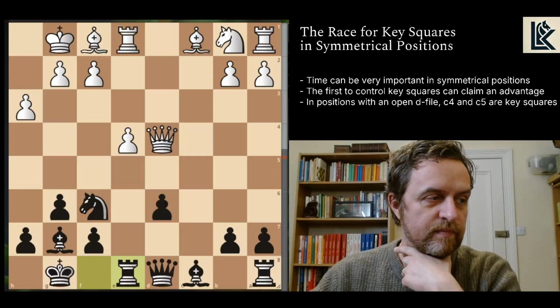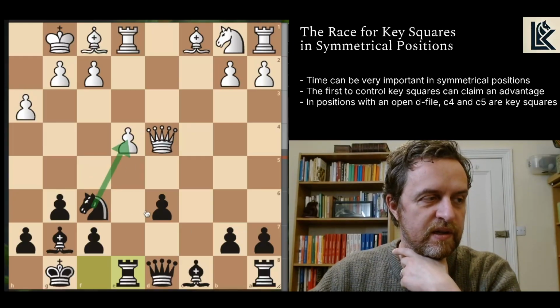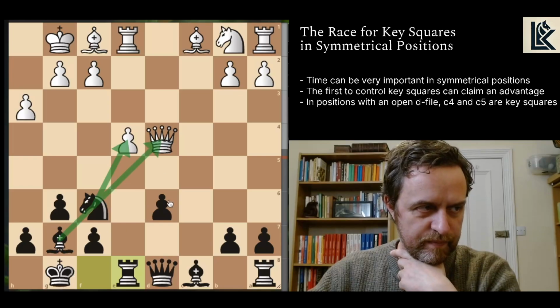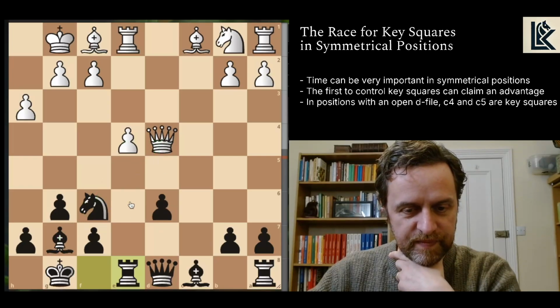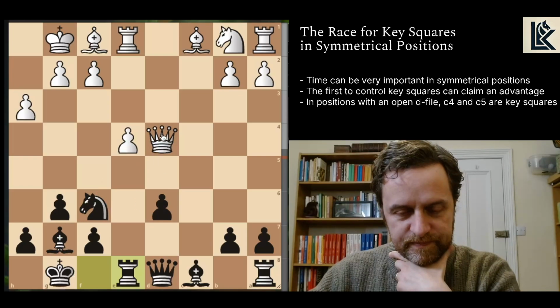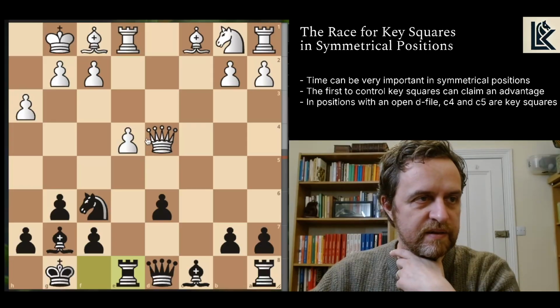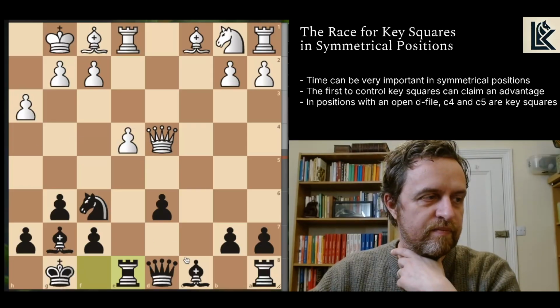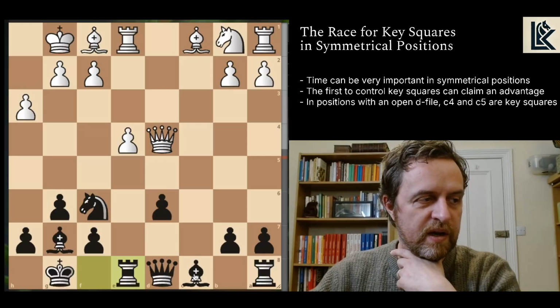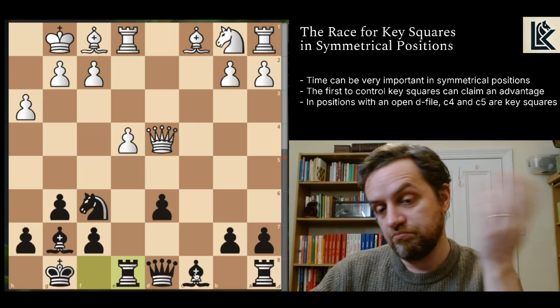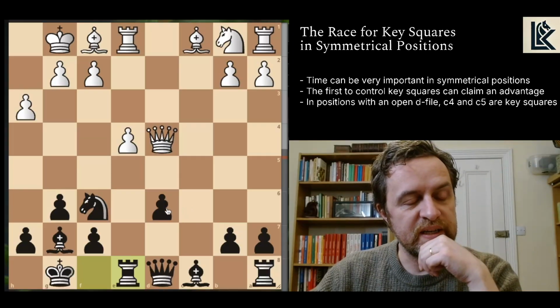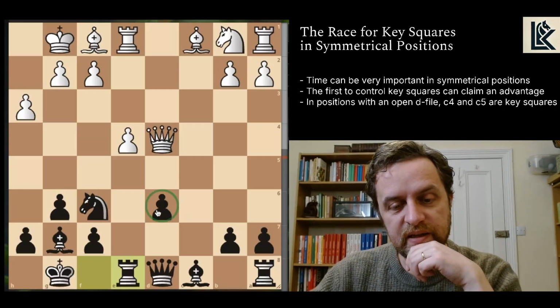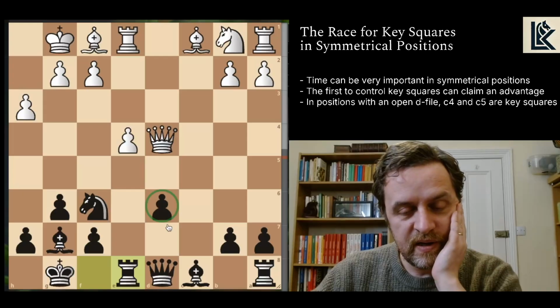So I have a concrete threat to take on e4 with the discovered attack on the queen. So White has to deal with that threat. And in the meantime, I've got free development. I don't know, from looking at this position from afar, when I was calculating it, I wasn't sure about this weak pawn here.